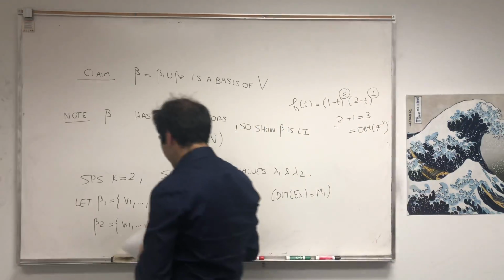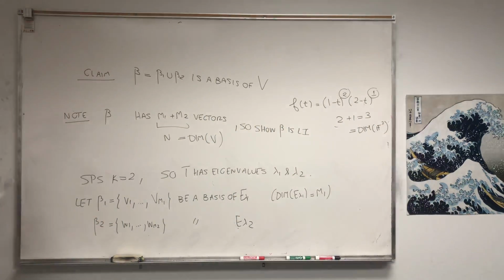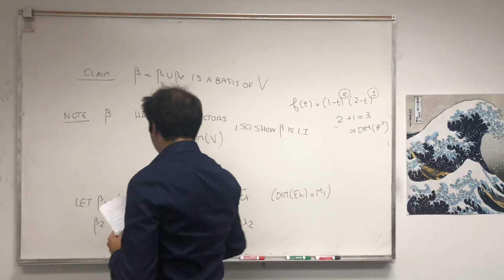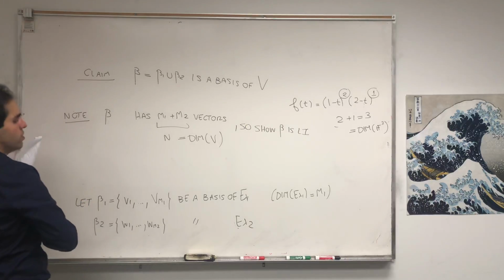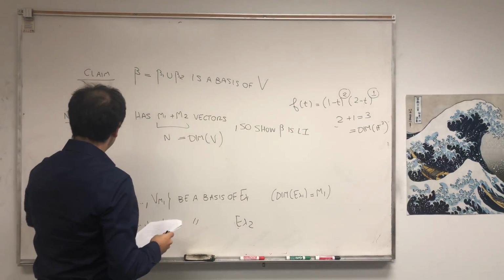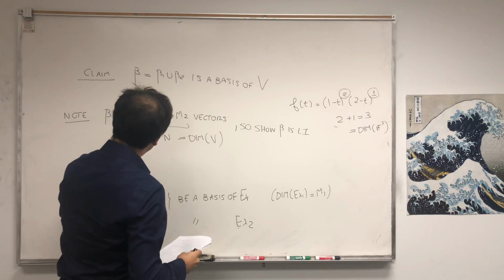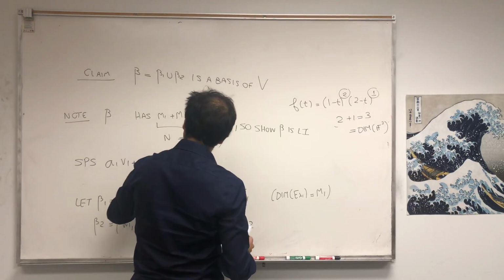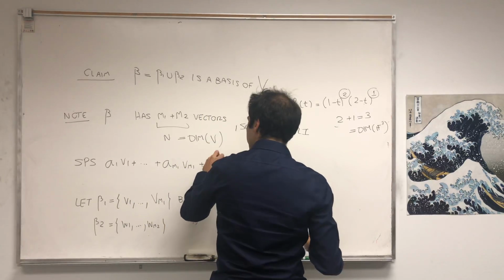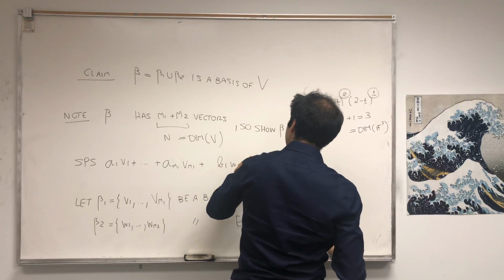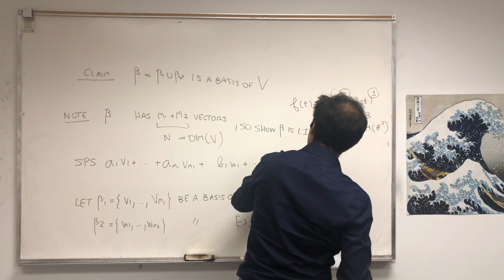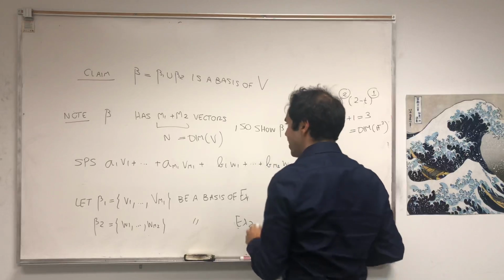Alright, let's show this. And you'll see, it's a very beautiful proof. Suppose we have a non-trivial linear combination of all those vectors that gives you 0. So suppose a1 v1 plus dot dot dot plus am1 vm1 plus b1 w1 plus dot dot dot plus bm2 wm2 gives you the 0 vector.